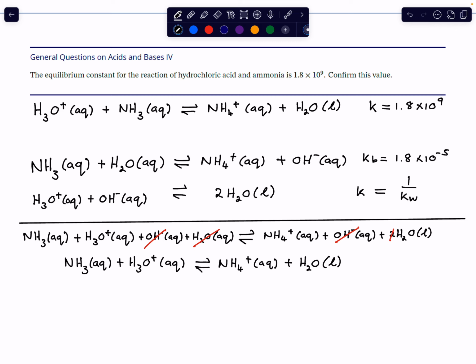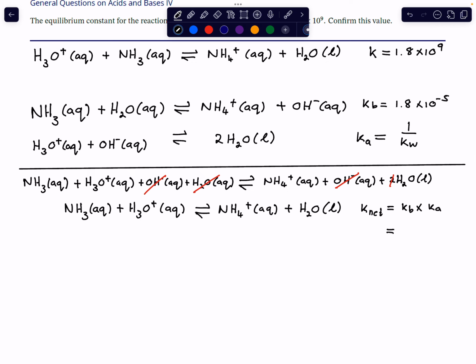All right, and what did we do to get this? So how can we calculate the K net for this? Well, when summing two equations, what do you do with the K values? You multiply those K values. So now let's just call this Ka for interest, Kb times 1 over Kw.